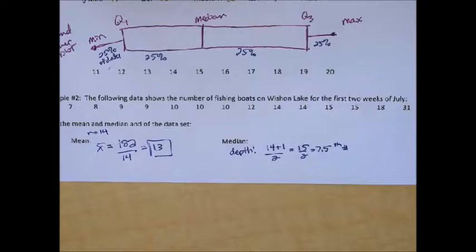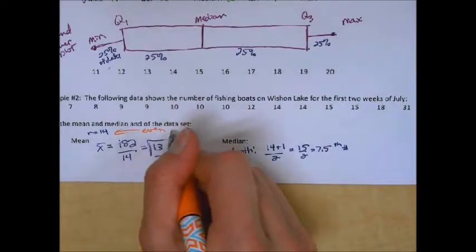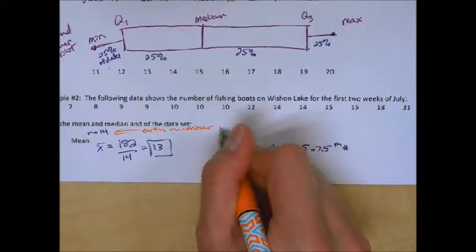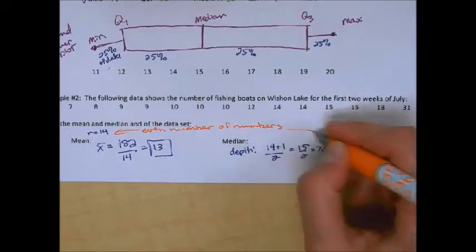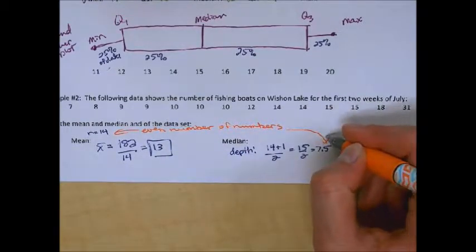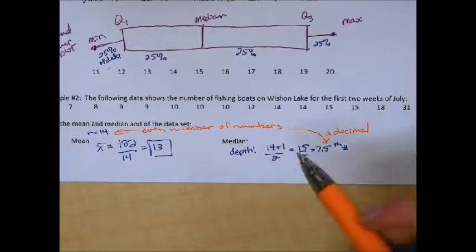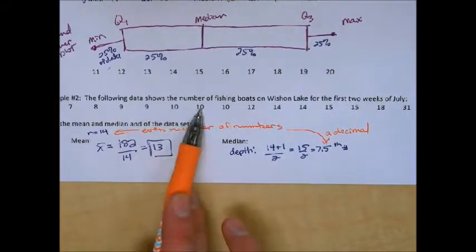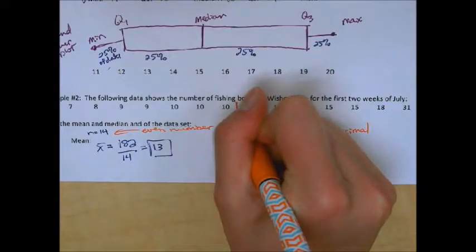Now, something to note is if we have an even number of numbers, this is going to be a decimal. So that means, let's see, 7.5. 1, 2, 3, 4, 5, 6, 7, 8. So our median is right here.